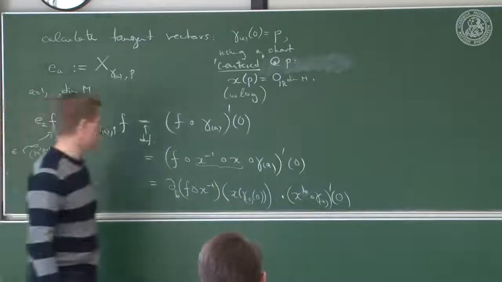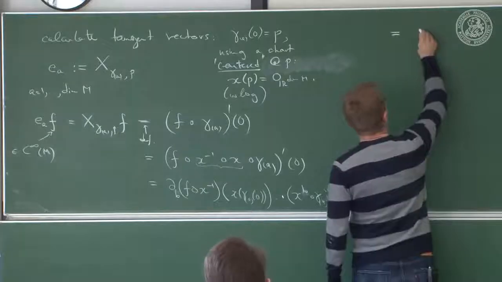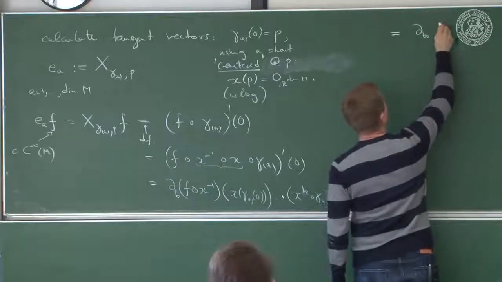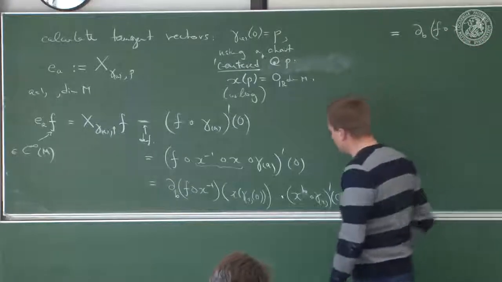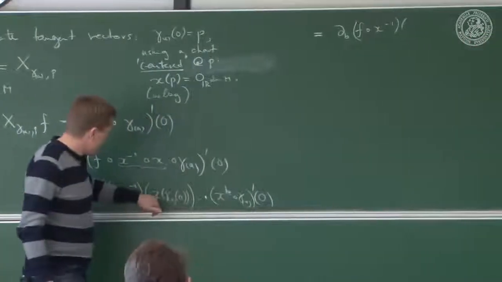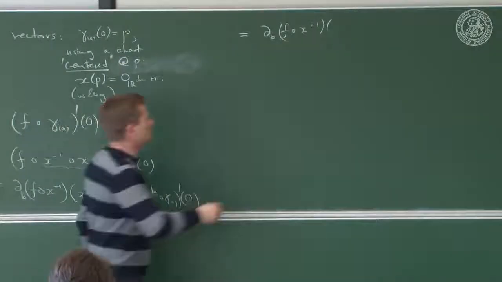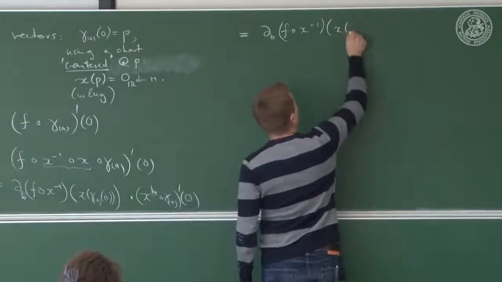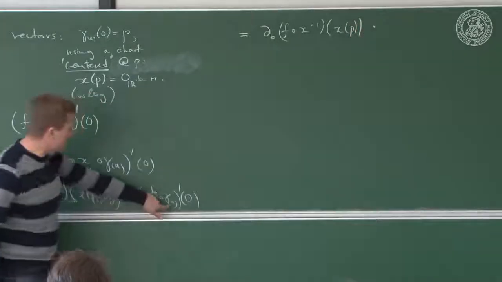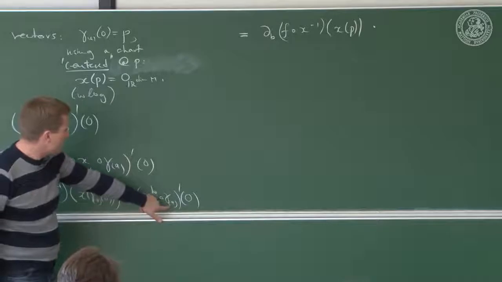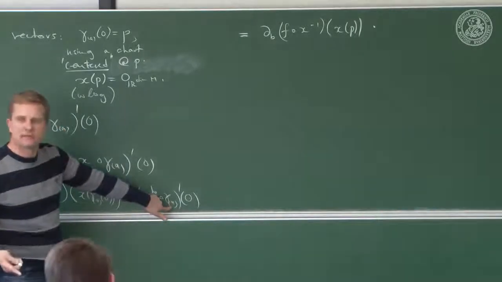It's just application of the definition and the chain rule. And now the first part, we're not going to change, f after x inverse. That stays like this. It's to be evaluated at x of gamma A of 0, but that's x of p, times. Now this guy we know better because we know, underived, this is delta^b_A times lambda.